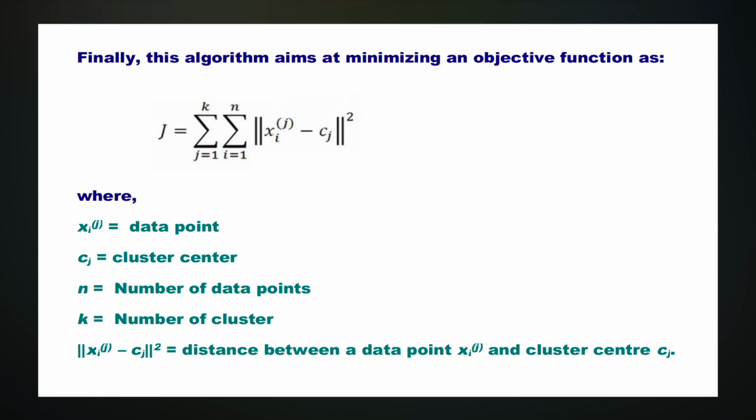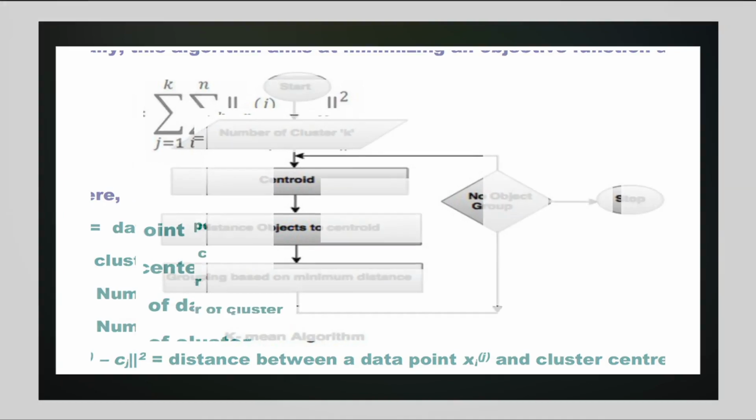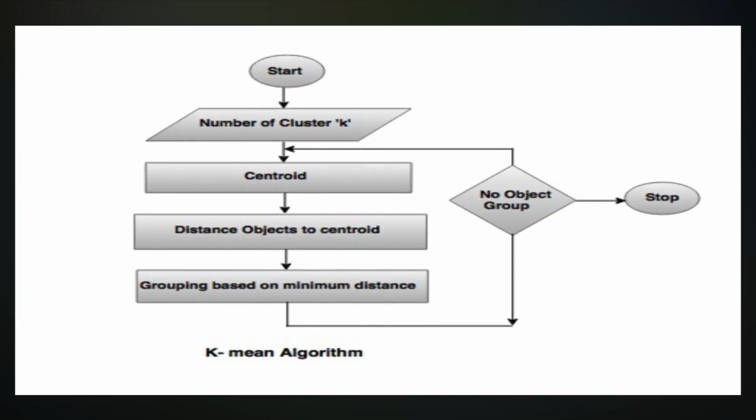We will see in depth about each component in this formula. xi^(j) represents a data point, Cj represents a cluster center, n represents the number of data points, k the number of clusters, and the square of the modulus of xi^(j) minus Cj represents the distance between a data point xi^(j) and cluster center Cj. Now, let us look into the steps in this algorithm from this flow chart.